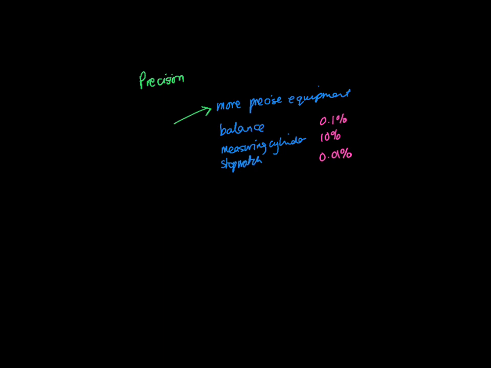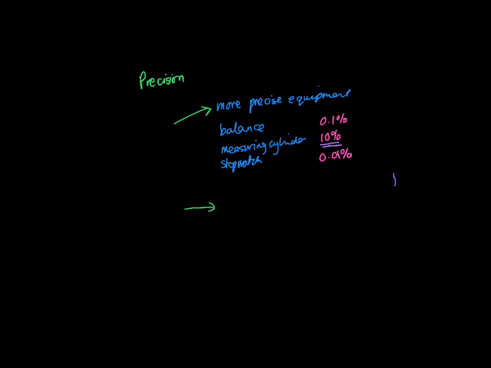There's no point using a balance to 3 decimal places or 4 decimal places, because relative to the measuring cylinder, it's negligible. So focus on whichever equipment gives you the largest percentage uncertainty. And this is why it's also worth making it really clear in a table somewhere what your percentage uncertainties are. So that's one way of increasing your precision in your evaluation.